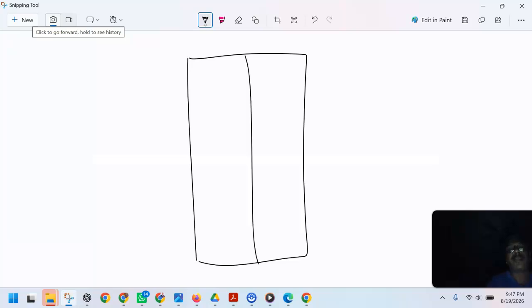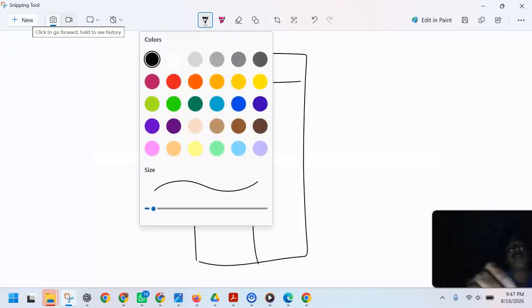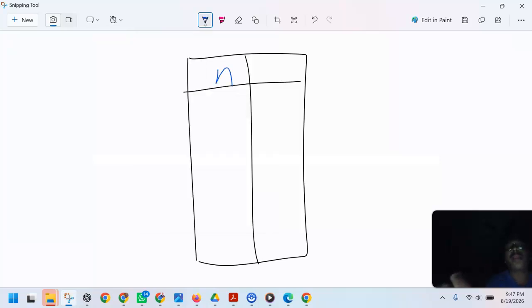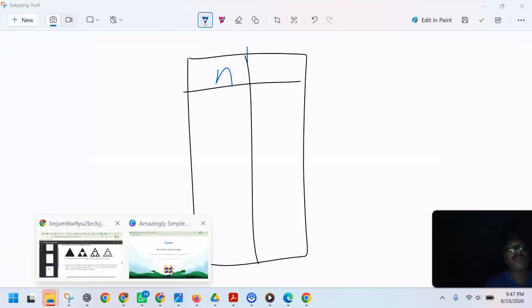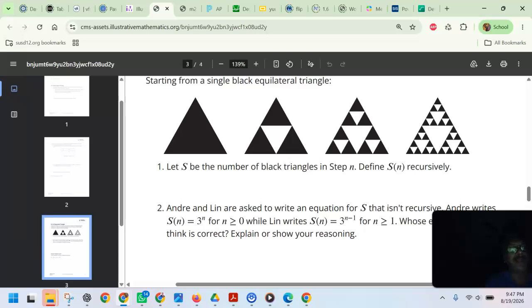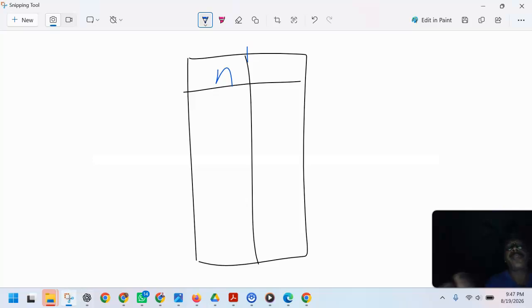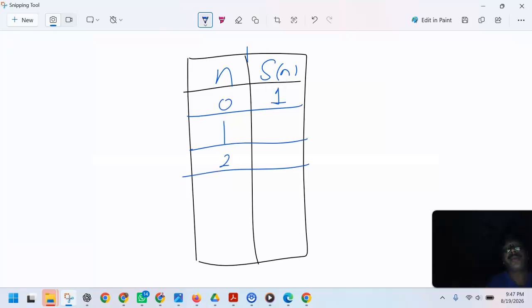So what Andre does is in the beginning he uses n, and then Sn. Sn means number of black triangles. So in the beginning there was 1, then 2, and this is what Andre thinks.